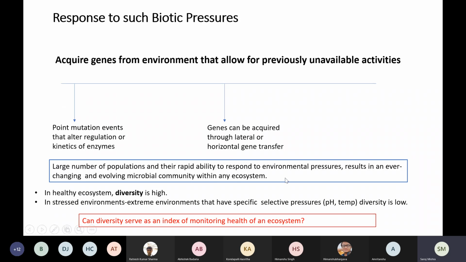So how do the microbial communities respond to the biotic pressures? Very, very interesting. Either they acquire genes from the environment which allow for previously unavailable activities. When you say acquire genes from the environment, many microorganisms, like Pseudomonas, for example, which is present in soil, have plasmids.